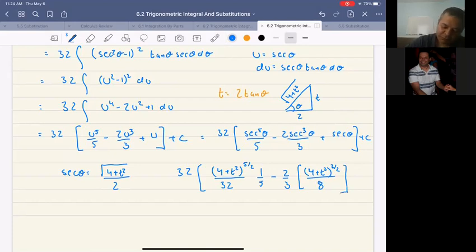Okay, let me make this parenthesis different. Plus the square root of 4 plus t squared over 2. All of that plus a c. Okay.